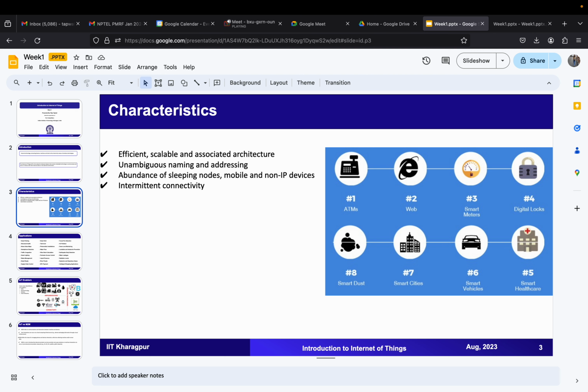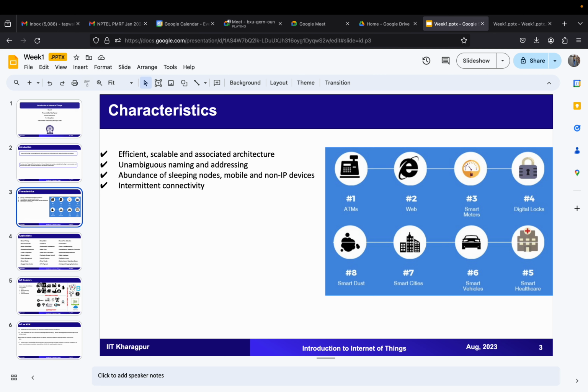Now the characteristics. First is efficient, scalable and associated architecture. Second is unambiguous naming and addressing. The addresses provided to these devices should not be ambiguous. Each device should have an unambiguous name or address with the help of which communication between two objects or two devices can take place.